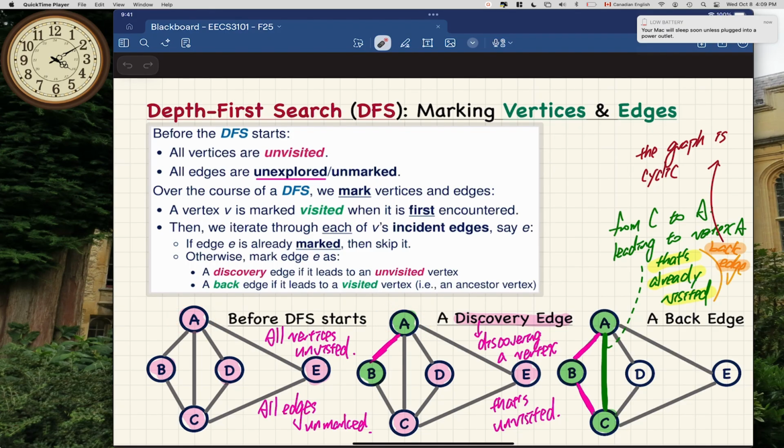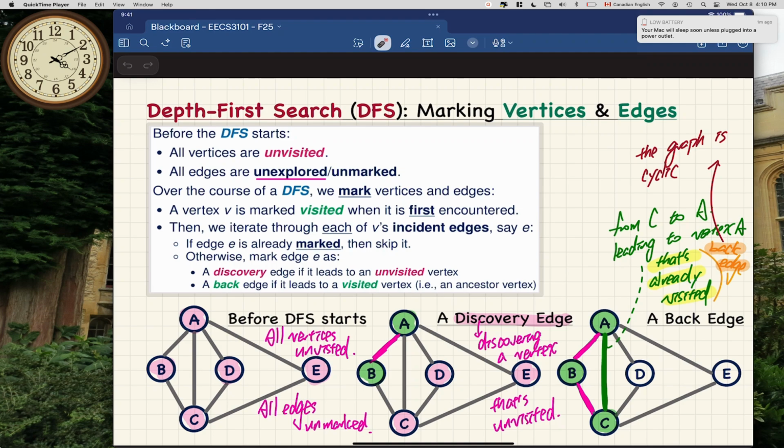Ultimately, for the depth first search, we have to make sure we visit every vertex in the graph. So everything is going to be turned into green. My color convention will be that red or pink means the node is unvisited, and the green one means it has been visited. So you should really turn from unvisited to visited. That's the case for the vertex.